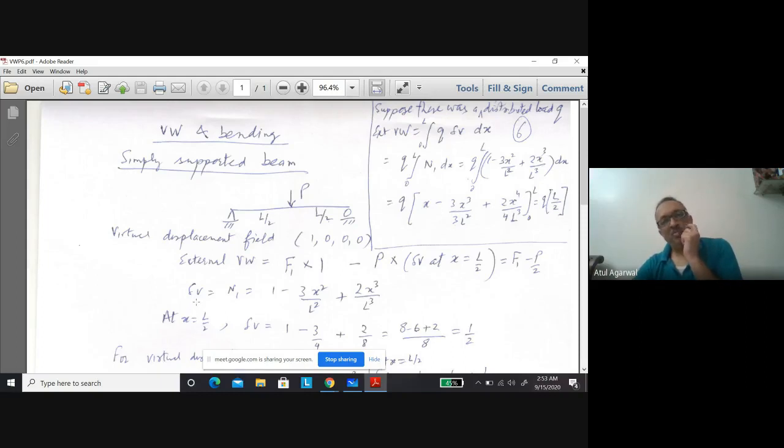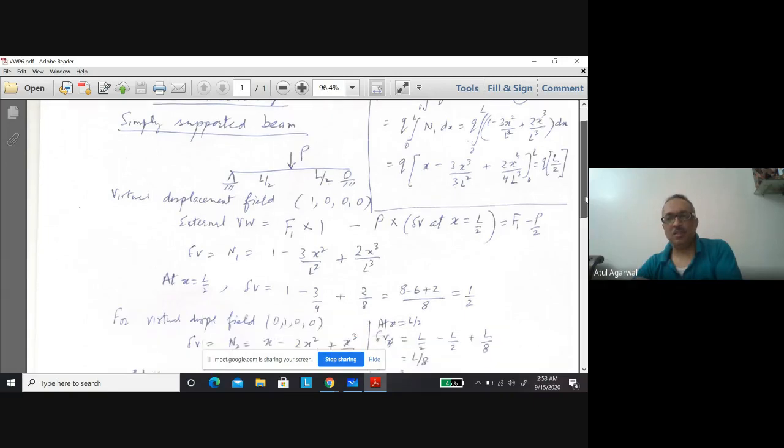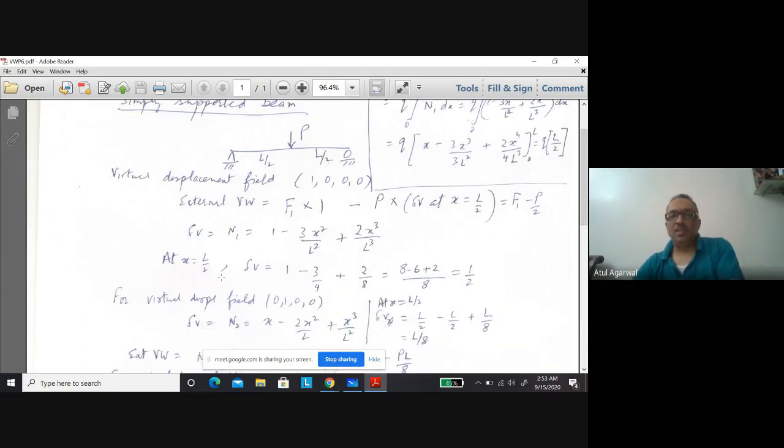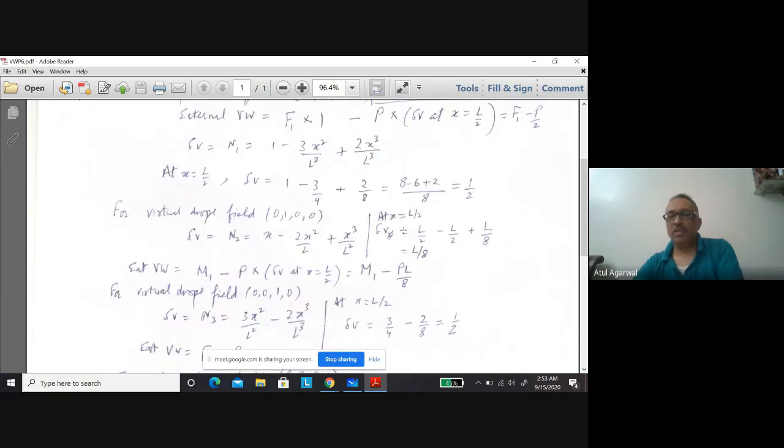So delta V is equal to this, as I have shown here. At x equal to L by 2, delta V is equal to half. For this virtual displacement, delta V is equal to N2. At x equal to L by 2, your delta V is L by 8. So external virtual work becomes M1 minus PL by 8.